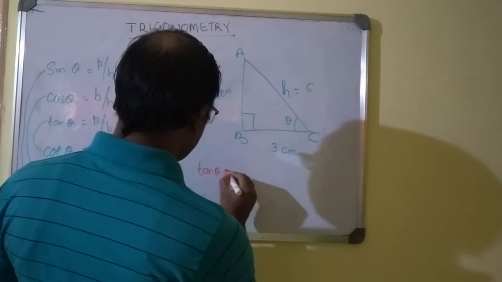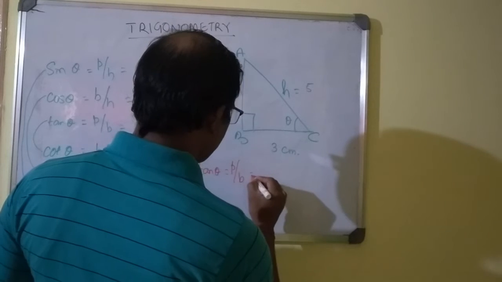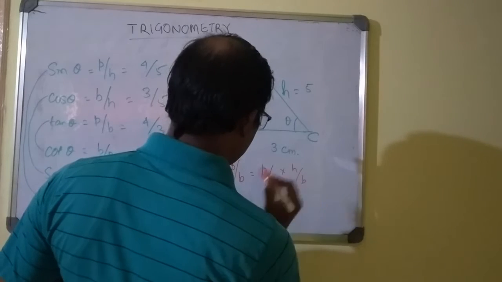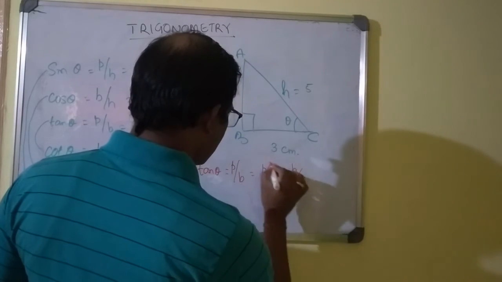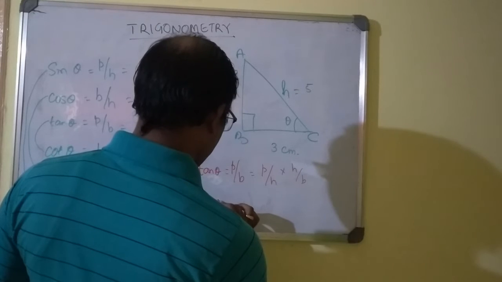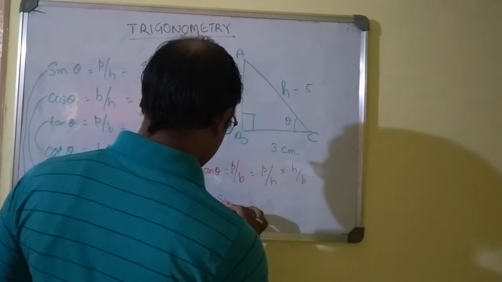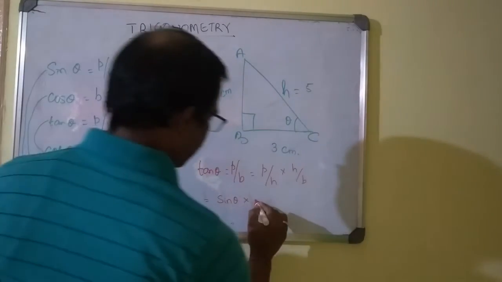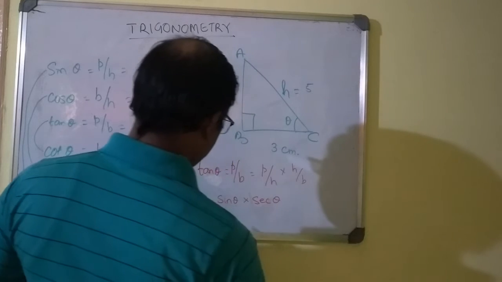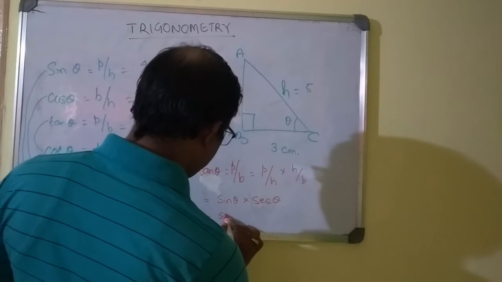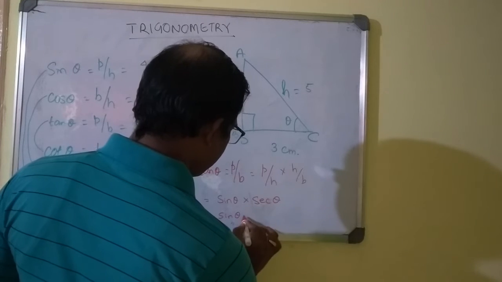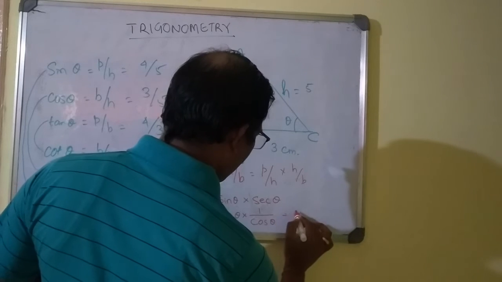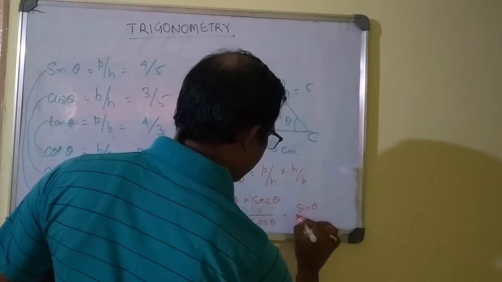Tan theta, which is equal to p by b, you can represent as p by h into h by b. p by h is sin theta, right? h by b is sec theta, which is the reciprocal of cos theta, so we can also write this as sin theta by cos theta.